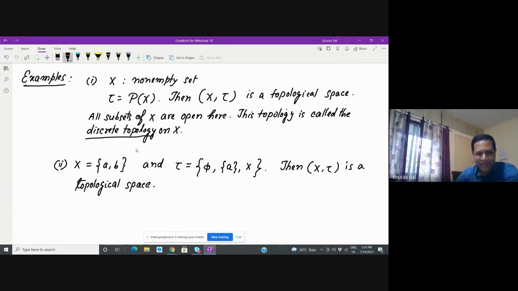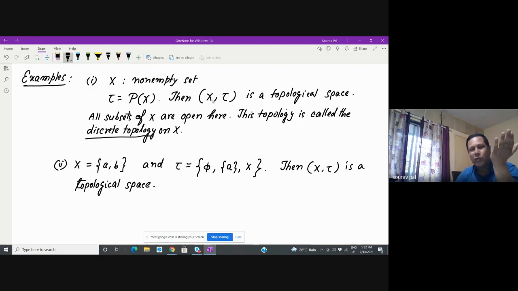Well, definitely there is a reason. If X is a non-empty set and you collect all its subsets, I am going to define something called a base for a topology. A base for a topology is a sub-collection from the topology such that, given any open set, you can find a member from that sub-collection inside it. I will tell it in detail. You will see that in the discrete topology, all one-point sets are open.